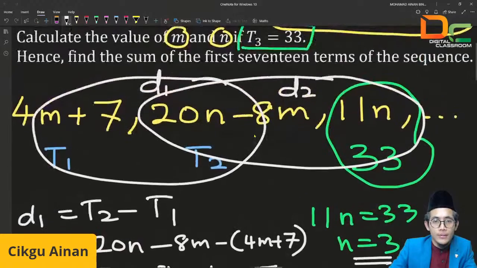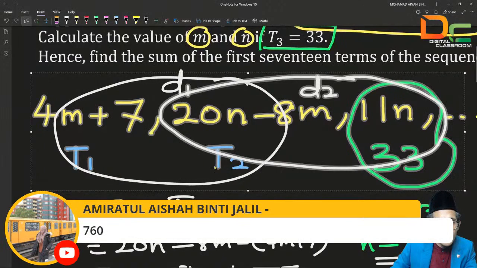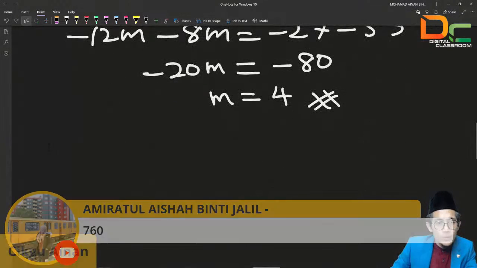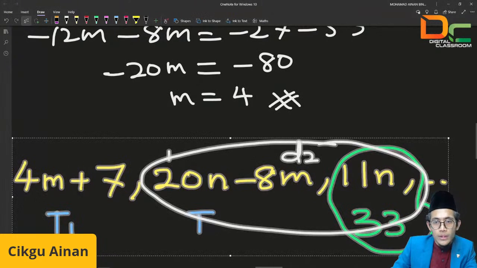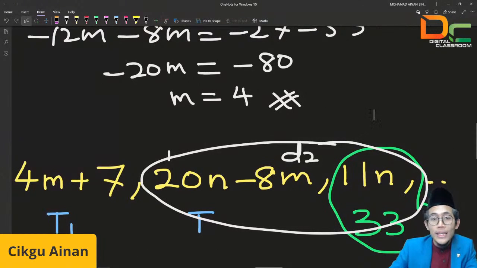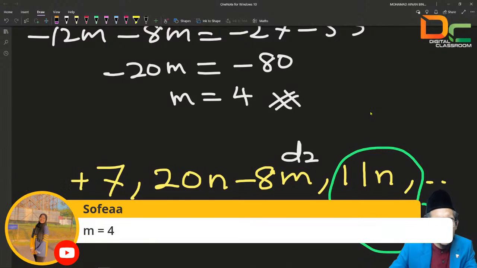Okay, now I'm going to copy the value over here, and then we are going to replace the values.